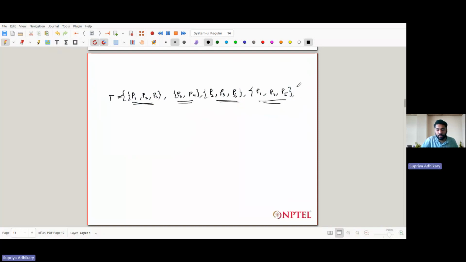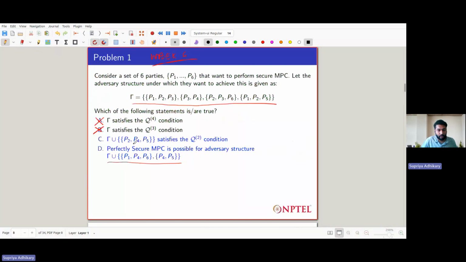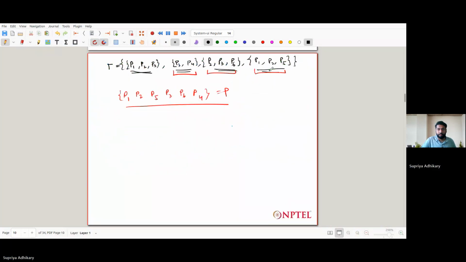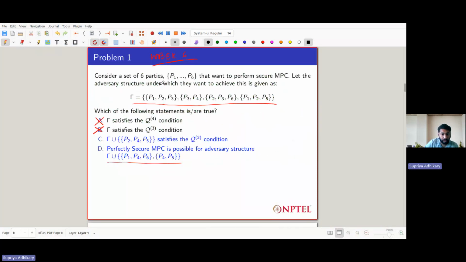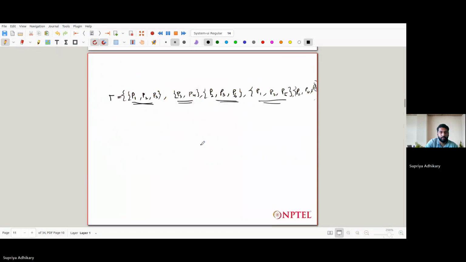There exists another, extra set in the gamma, that is P2, P4, P5. So this is an extra set that is included in gamma. Now the question is whether this satisfies the Q2 condition or not. How many sets are there? 1, 2, 3, 4, 5 sets.